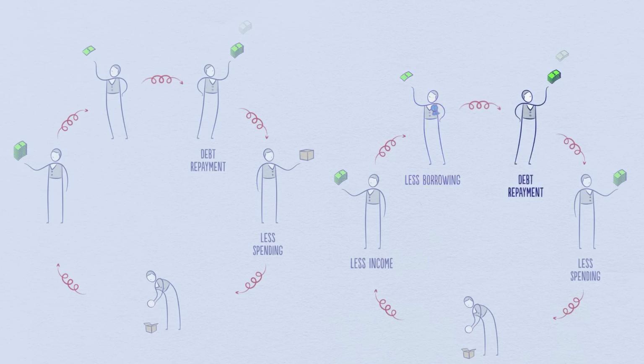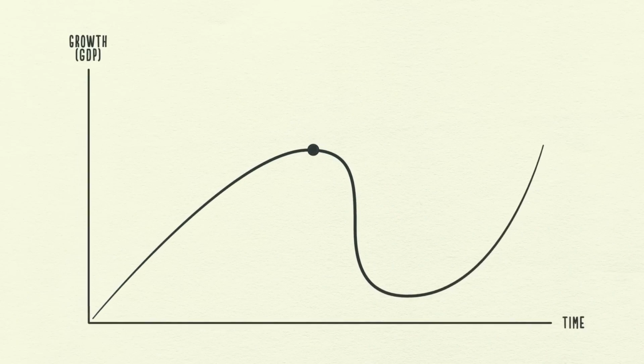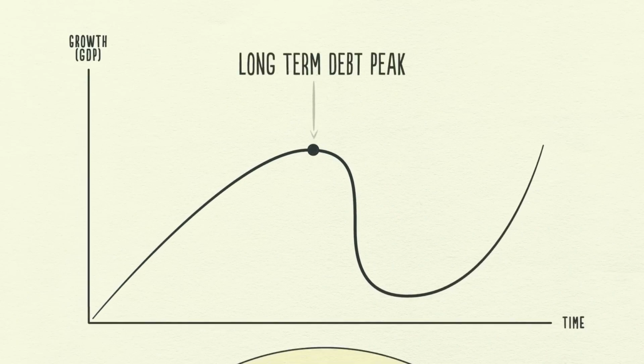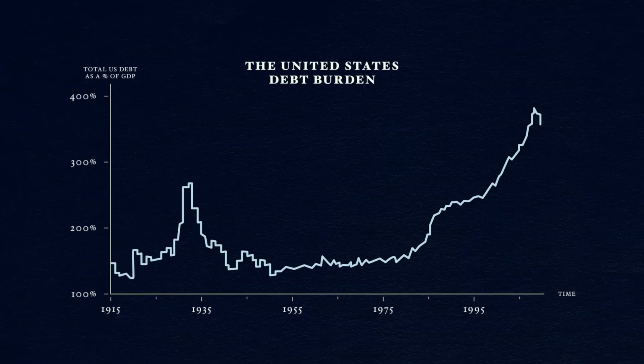Debt repayments continue to rise, which makes spending drop even further. And the cycle reverses itself. This is the long-term debt peak. Debt burdens have simply become too big. For the United States, Europe, and much of the rest of the world, this happened in 2008. It happened for the same reason it happened in Japan in 1989 and in the United States back in 1929.